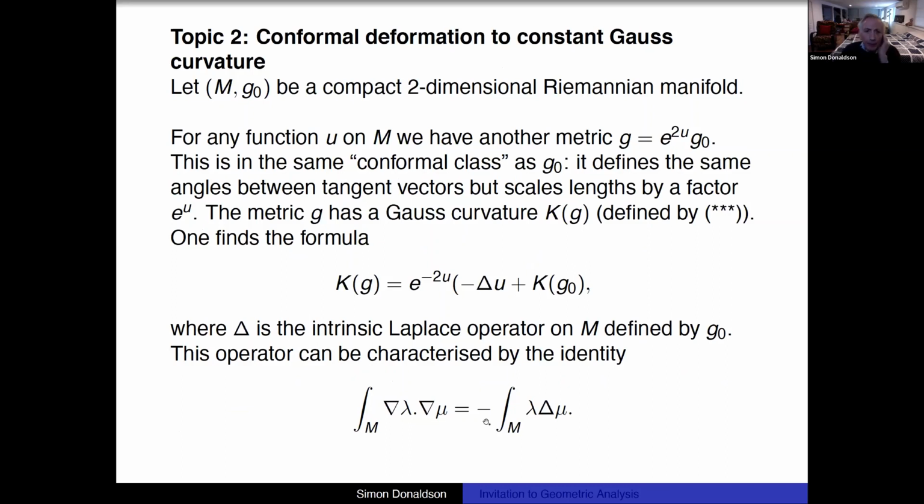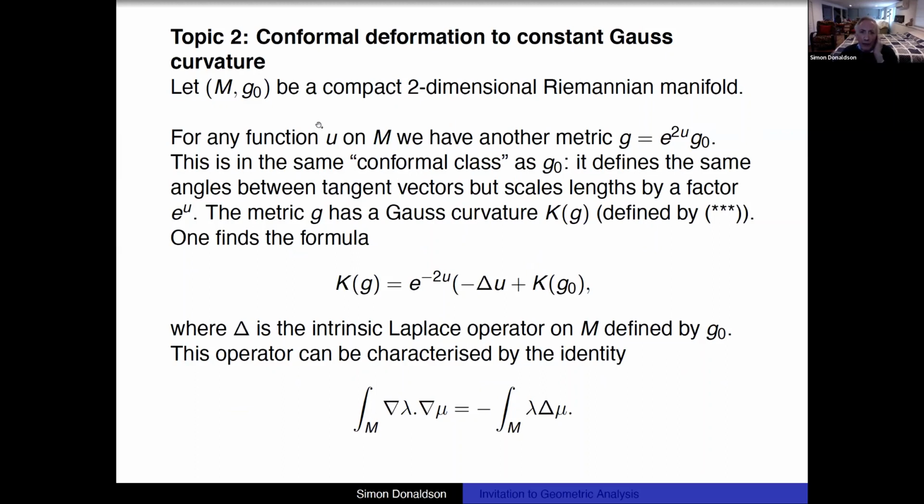So let's now, with that background, go on to talk about topic 2, which is the question of conformal deformation of a metric on a two-dimensional manifold to constant Gauss curvature. So we're considering a compact two-dimensional Riemannian manifold.